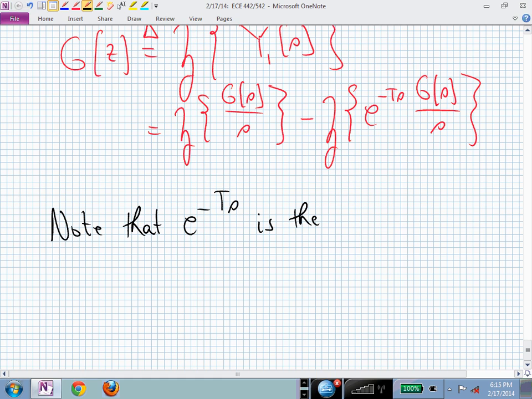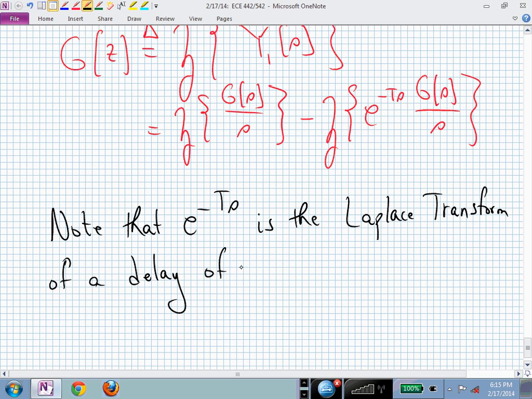e to the minus ts corresponds to a delay, doesn't it, of capital T units of time. So note that e to the minus ts is the Laplace transform of a delay of, let's just say, T seconds.